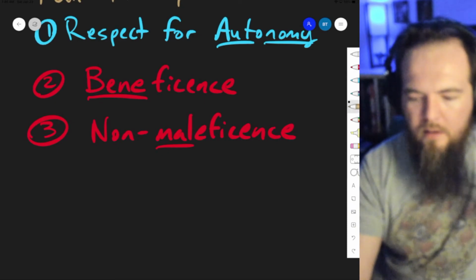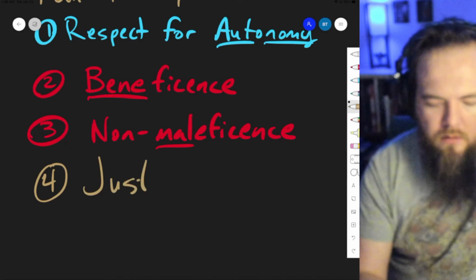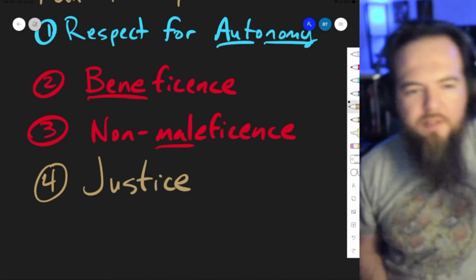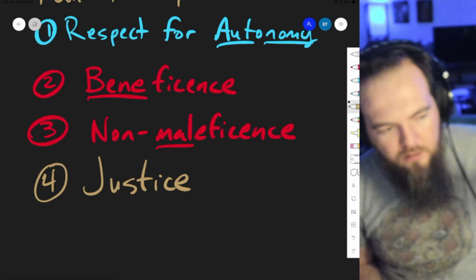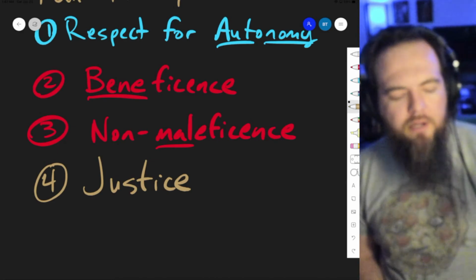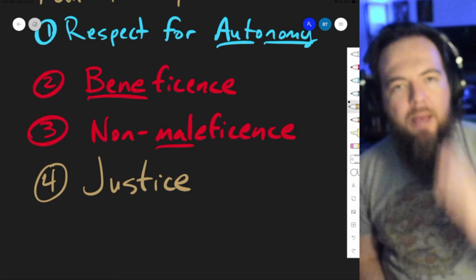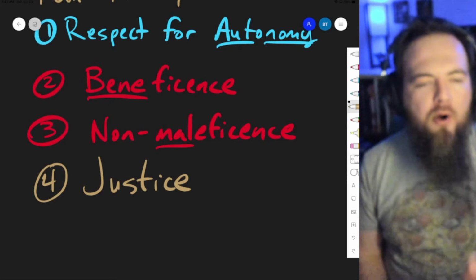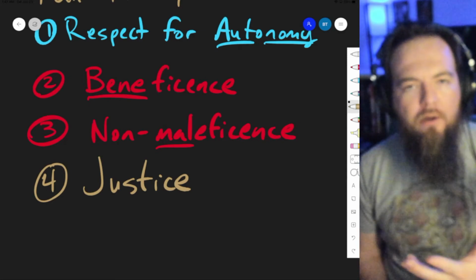All right, and then the last one, which is a big one, but it's one that's not really talked about too much, is justice. Okay, justice. So here what we're trying to do is we want to make sure that the benefits and the burdens of society are distributed fairly.